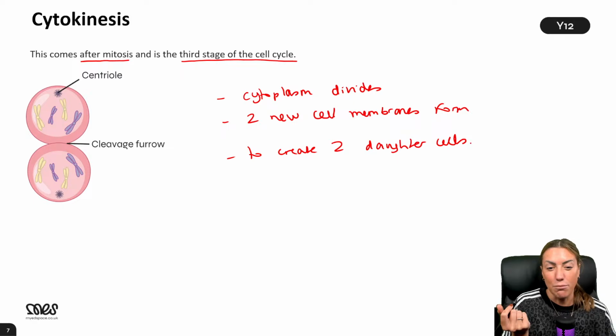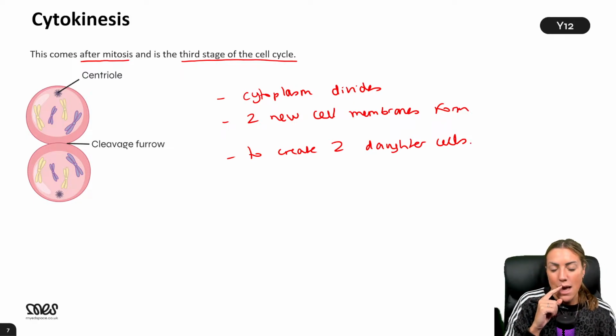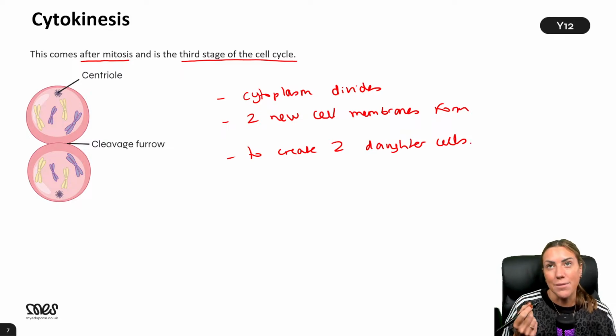They're basically made out of protein. But we don't need to know too much about them other than what do we say? We say they move to opposite poles and they form the spindle fibers. So they're vital for cell division.